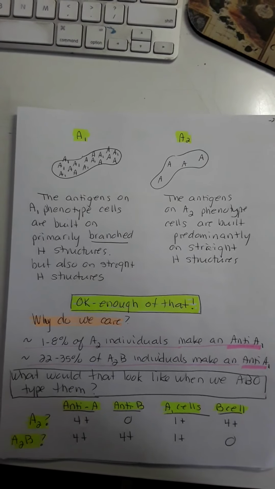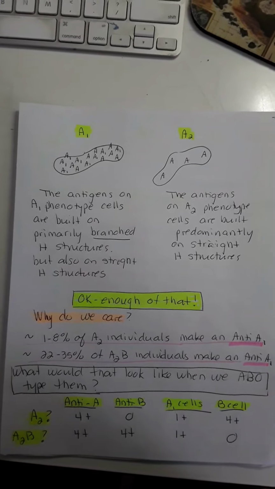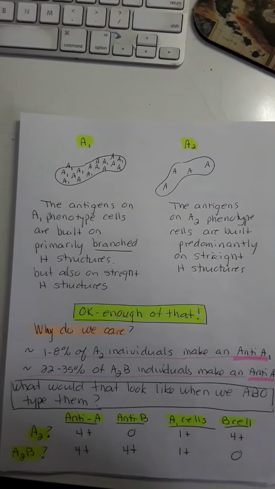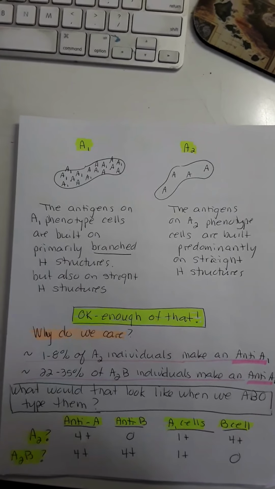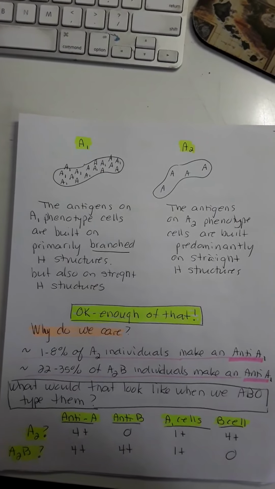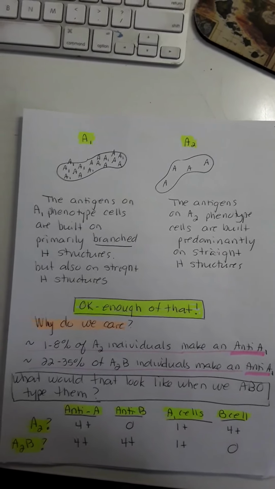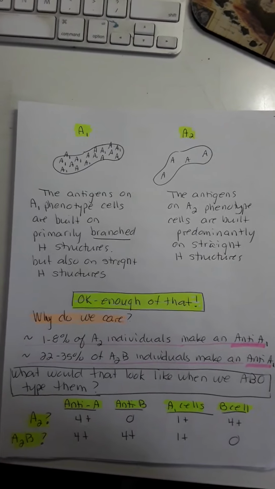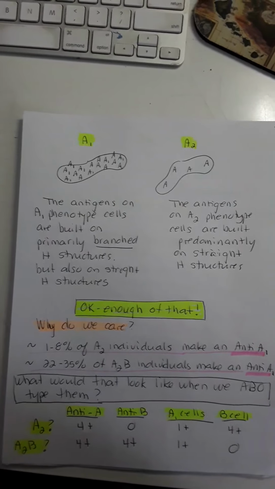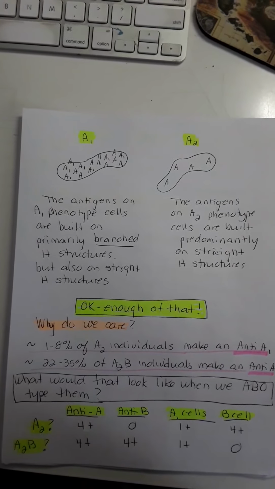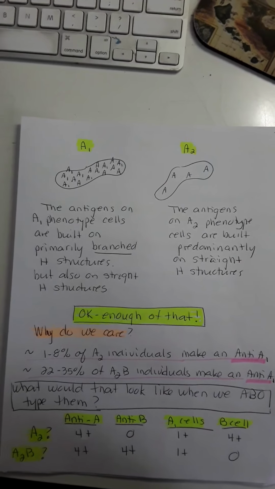So notice this A person is reacting 4+ with anti-A, not at all with anti-B, which is what we would expect of an A person. And then their plasma is reacting 4+ with the B cells, as expected. But look at the reaction of their plasma with the A1 cells. We don't expect that.